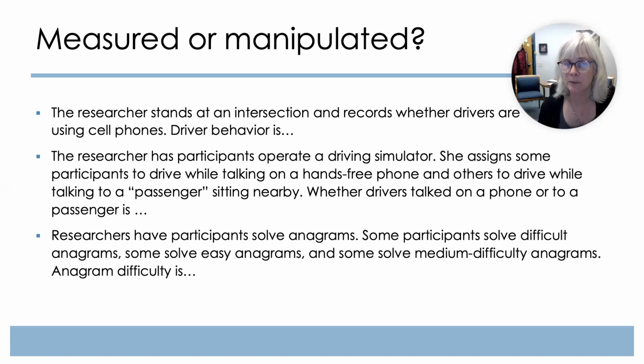Researchers have participants solve anagrams. Some participants solve difficult anagrams, some solve easy anagrams, some solve medium difficulty anagrams. Anagram difficulty is, again, think about, are we observing it? Have we assigned people to groups?